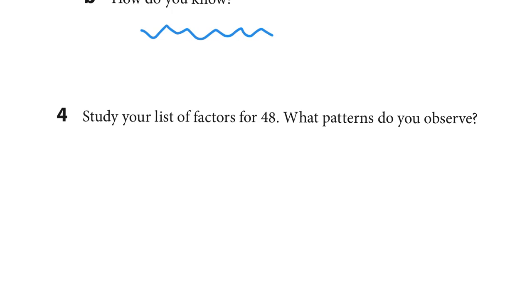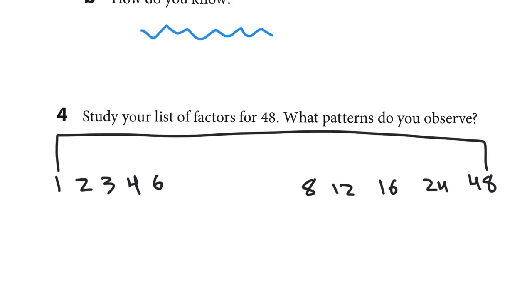Well, if I were to write it out, there's a 1 and a 48, a 2 and a 24, 3 and a 16, 4 and 12. Let's see, what else was there? Was there 6 and 8? Okay, I think that's all I can remember from above. So each one of these is a factor pair.